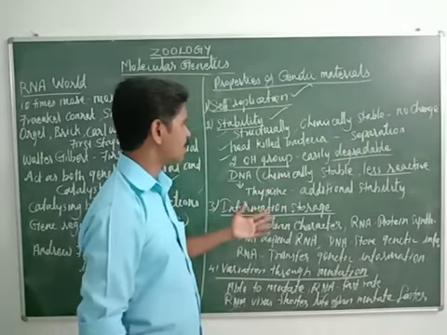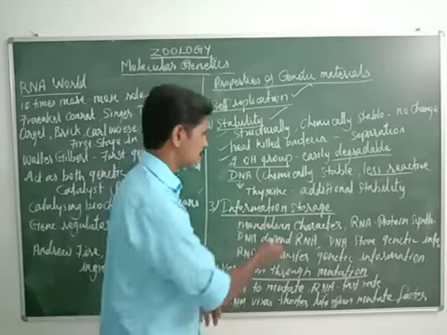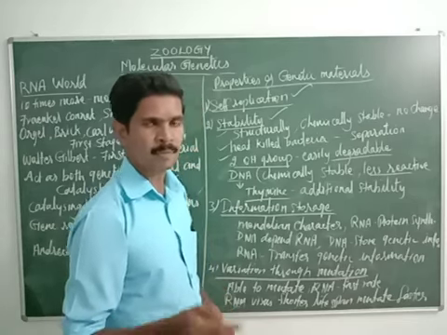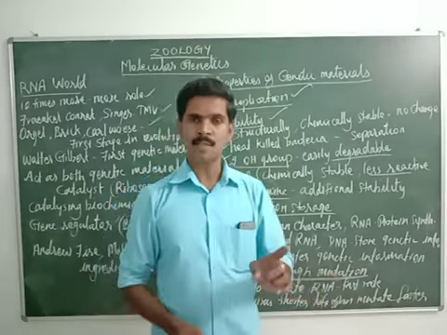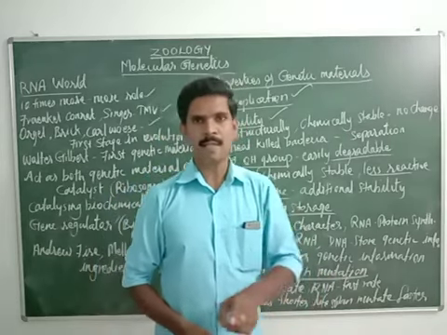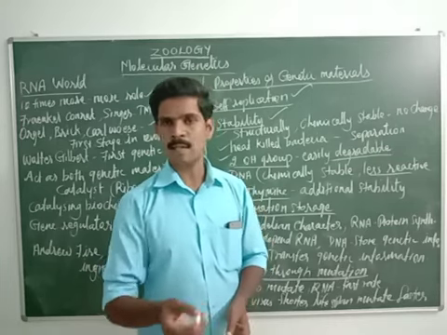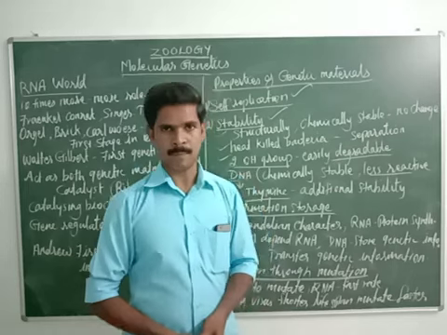The reason for this DNA stability is the presence of thymine. Since last class we studied two purines and two pyrimidines. Here thymine and cytosine are the two pyrimidines present in the DNA molecule. So thymine gives additional stability to the DNA molecule.